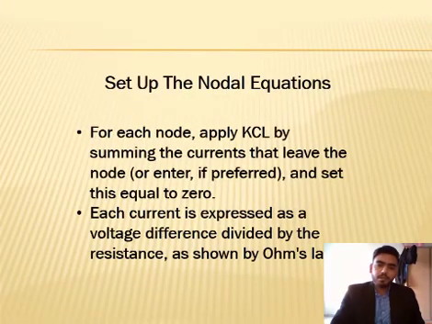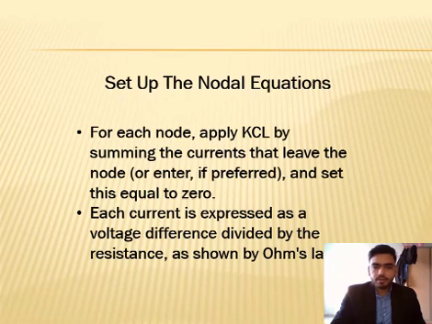Set up the node equations. For each node, apply KCL by summing the currents leaving the node and setting the sum equal to 0. Each current is expressed as the voltage difference divided by resistance, as shown by Ohm's law.